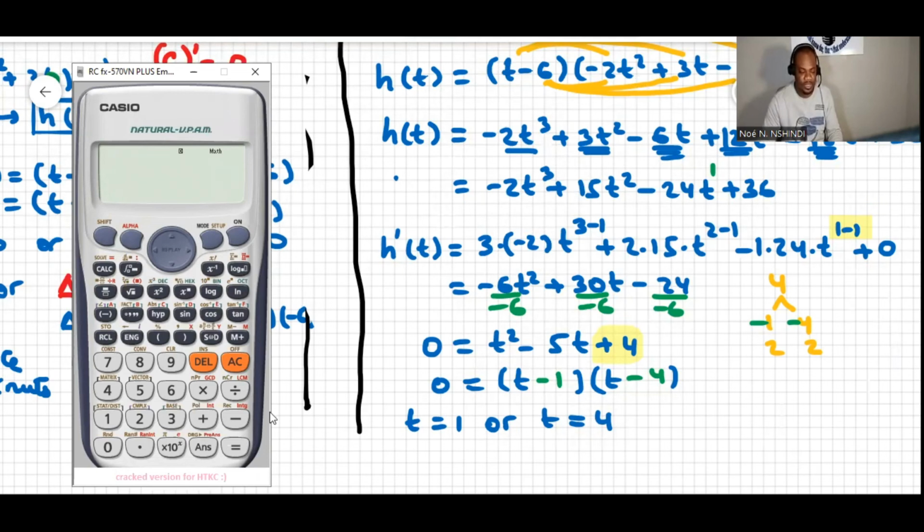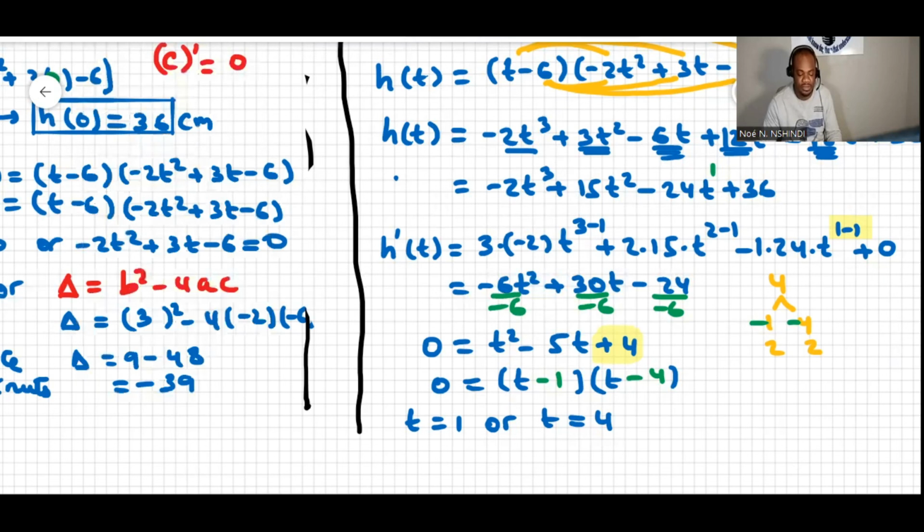So open brackets 1 minus 6 close brackets, open brackets negative 2 open brackets 1 close brackets to the power of 2, and then plus 3 open brackets 1 close brackets minus 6, and then close brackets. When we press equal, this is equal to 25. So h of 1 will be 25.